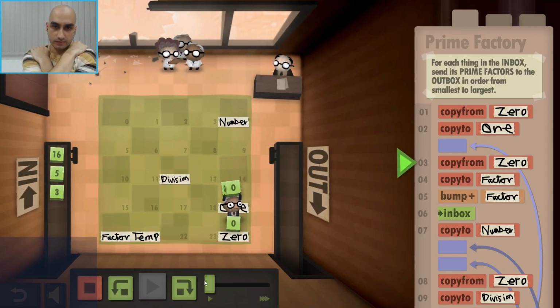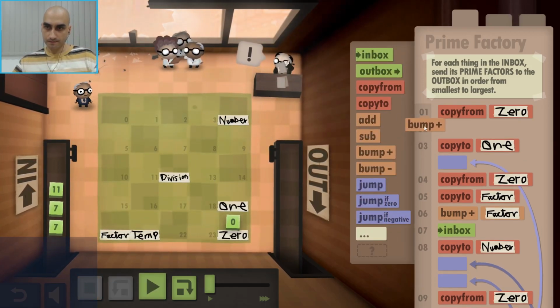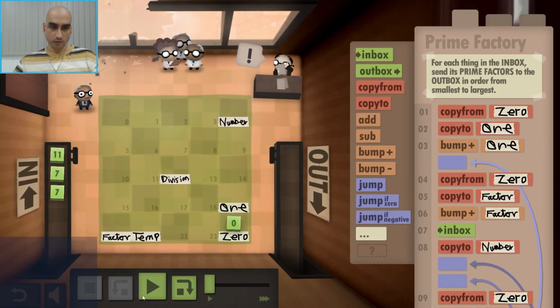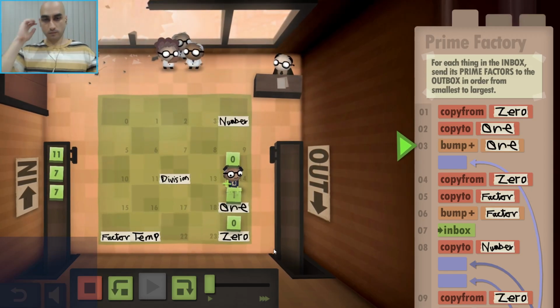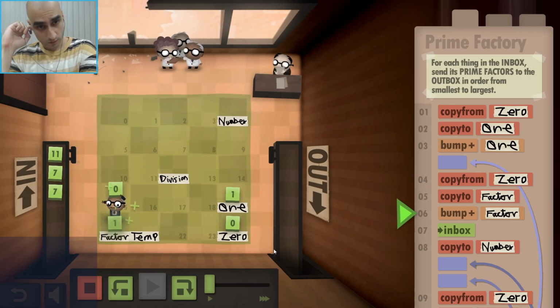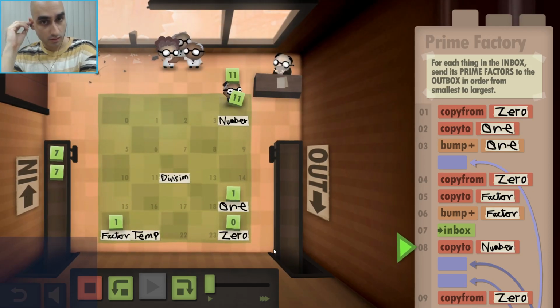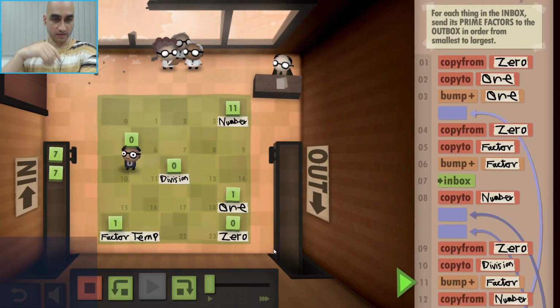So it's setting up. Oh, I forgot to bump the 1. There we go. Okay, we put 1 as the factor. 11 is the number. But we start with factor 2, not 1.